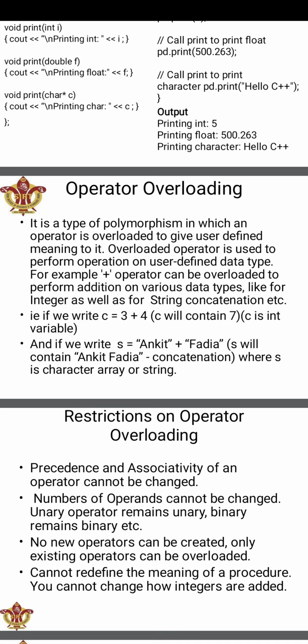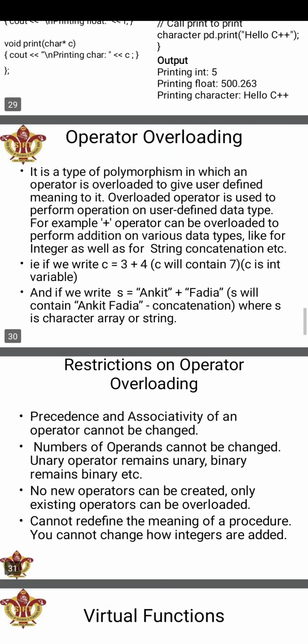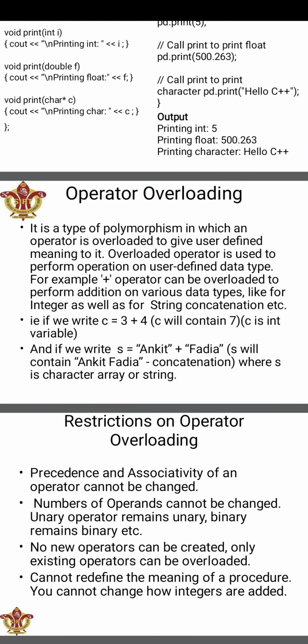Now what will happen if we place two strings in place of any numeric value? So here we have written S equal to Ankit plus Fadia. Now in the normal scenario, this will not be concatenated until and unless we overload the operator plus. So there is a well-defined procedure and syntax for overloading operators like plus, minus, multiplication, division.